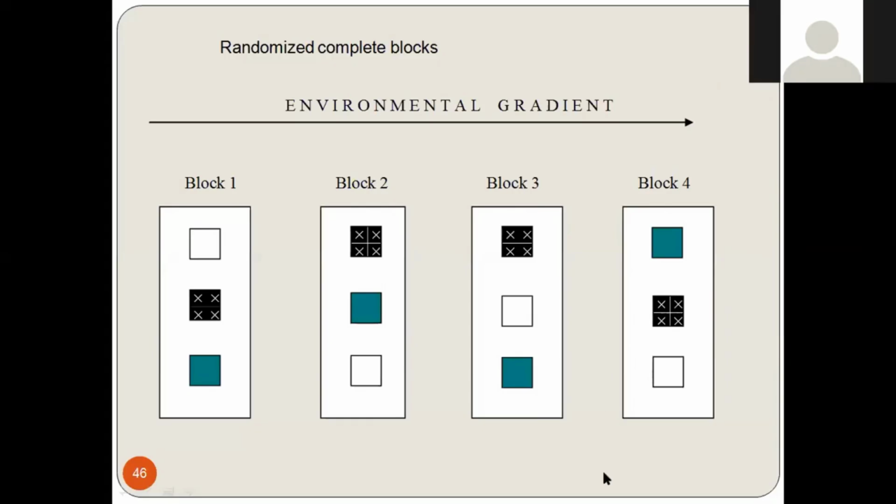So this is the correct way of doing blocking. For example, within the block, how many treatments are there? You see, within the block, 3 treatments. They are also randomly allocated. You see, here treatment black color, green color, and the white color, randomly allocated.